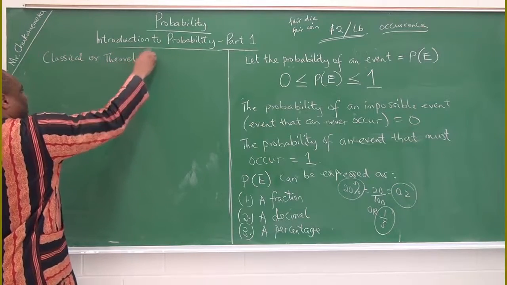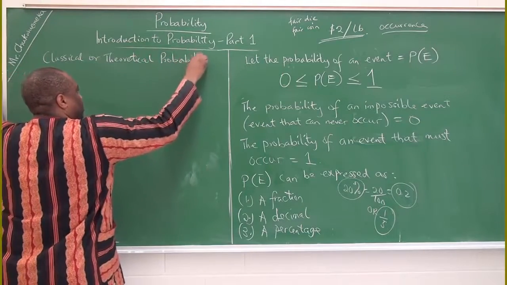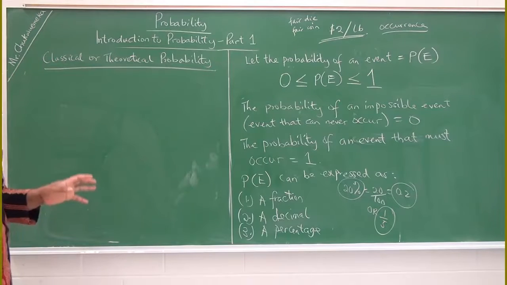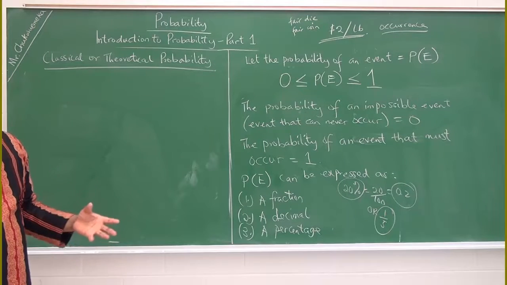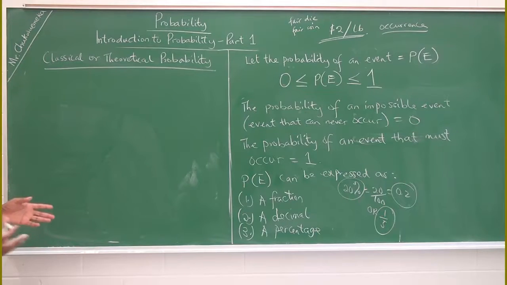Let's give the English definition and the math definition. Like I said, this is the probability in which all the outcomes of the event have equal likelihood of occurring.